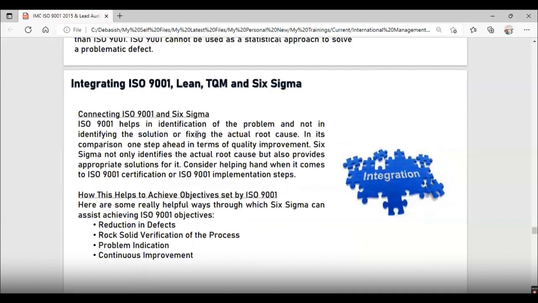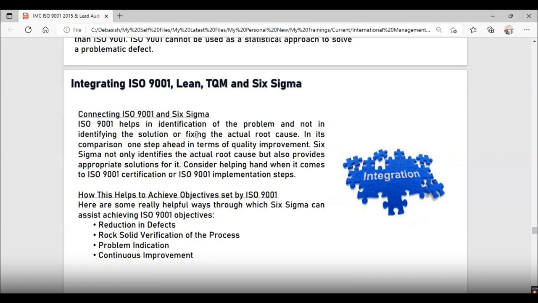ISO 9001 helps in identification of the problem, and not in identifying the solution or fixing the actual root cause. In comparison, one step ahead in terms of quality improvement, Six Sigma not only identifies the actual root cause but also provides appropriate solutions for it.